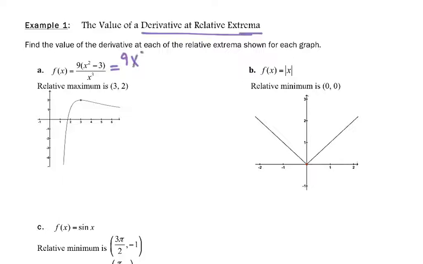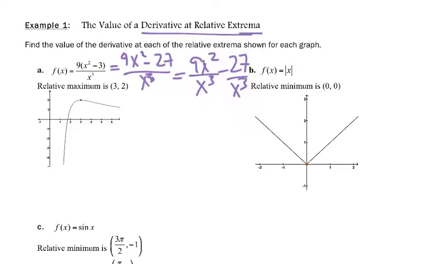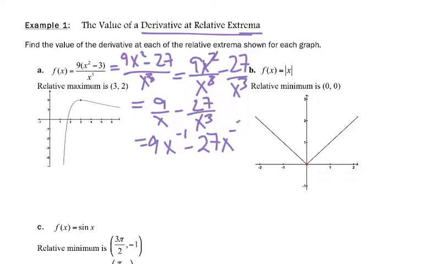So we would have 9x squared minus 27 over x cubed, and then split it into 9x squared over x cubed minus 27 over x cubed. The square cancels out, so we have 9 over x minus 27 over x cubed. It's the same thing as 9x to the negative 1 minus 27x to the negative 3.